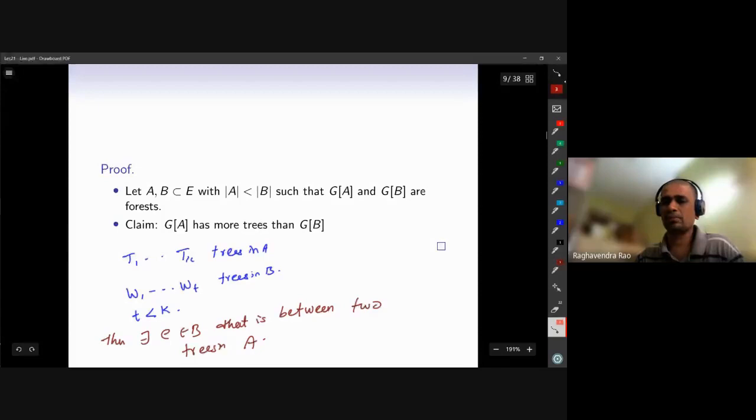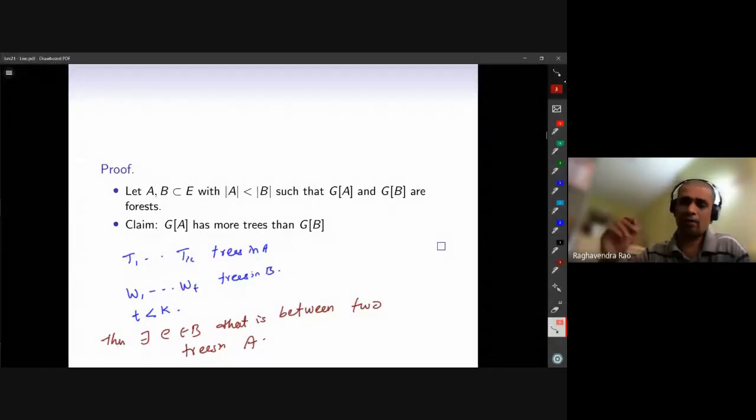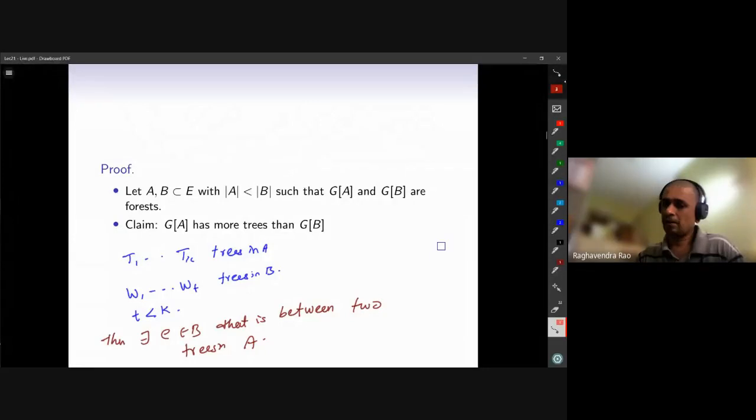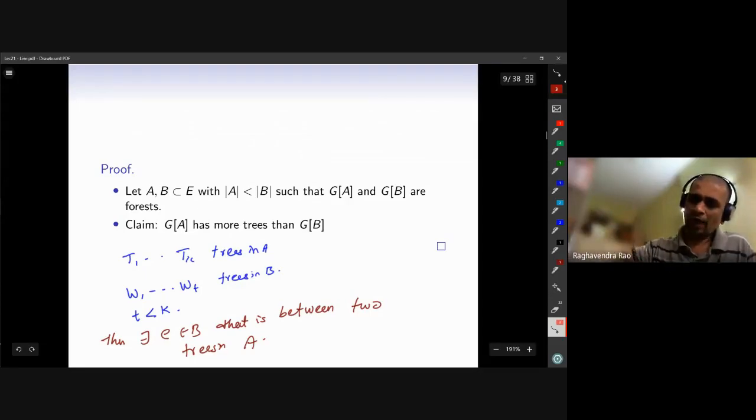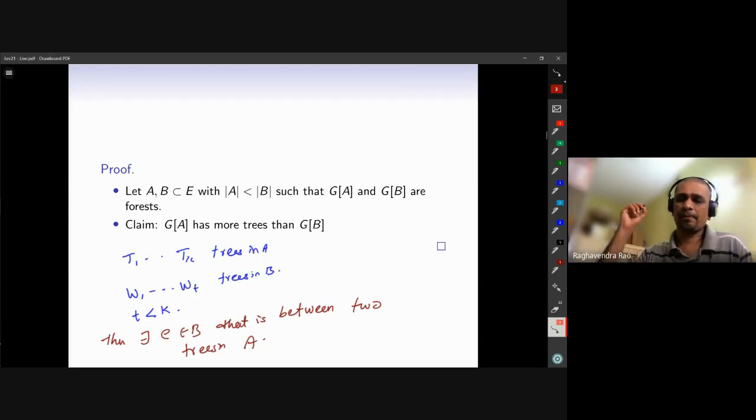There's no other way possible. It may not be a complete merger because the trees will have completely different structures. What I mean to say is the following. If you have a smaller number of sets compared to T1 to Tk, the smaller set will have to somehow have some mingling of the vertices. Otherwise, how do you get a smaller set? It is not possible.